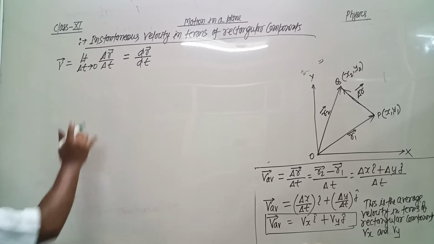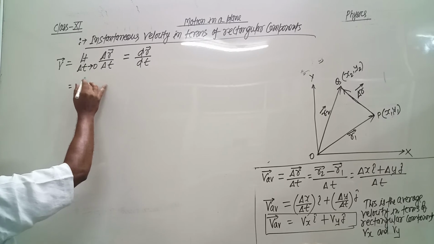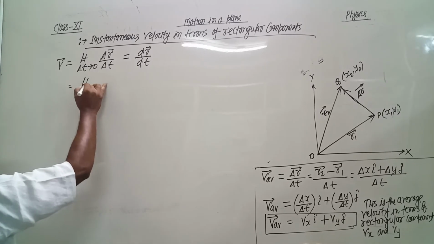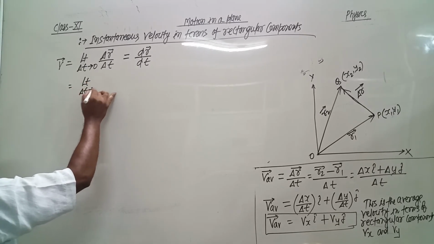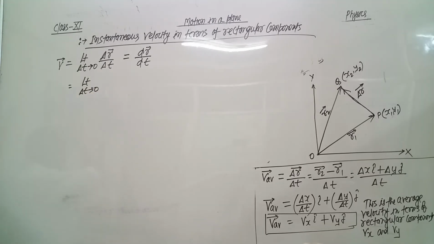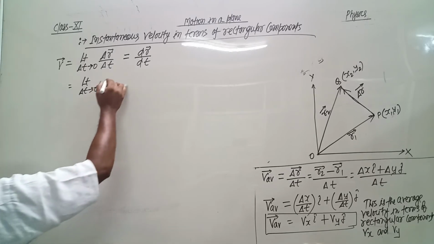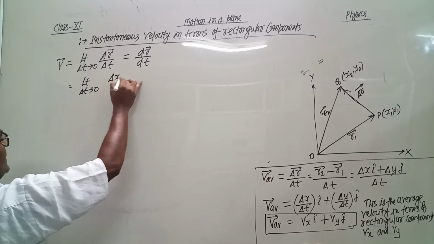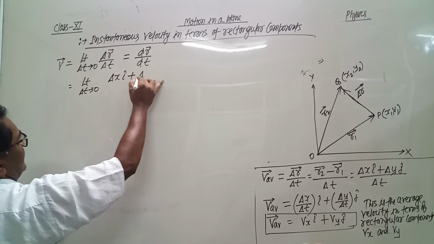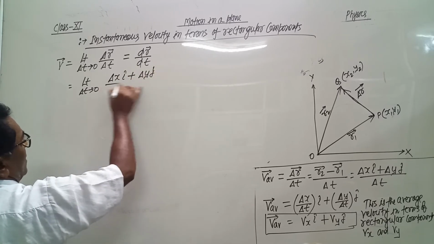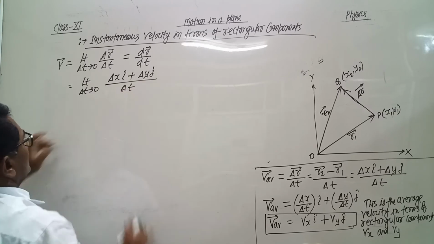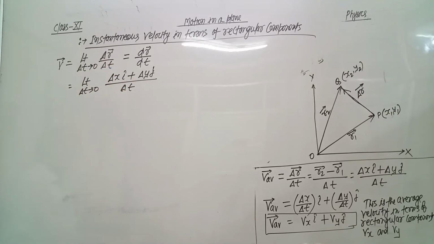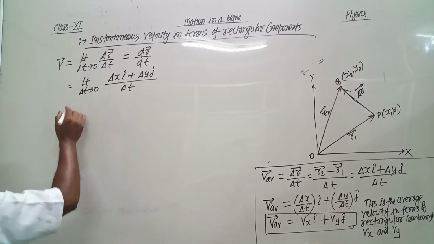So limit delta t tends to 0, and delta r in terms of rectangular components is written as delta x i cap plus delta y j cap, upon delta t.